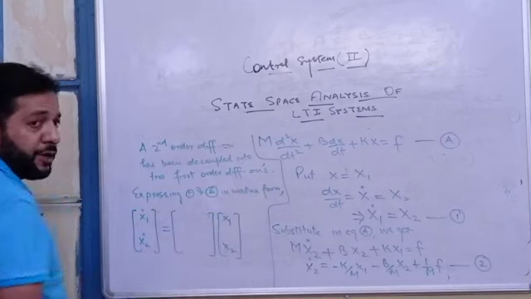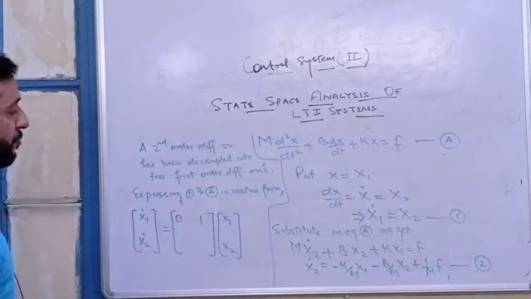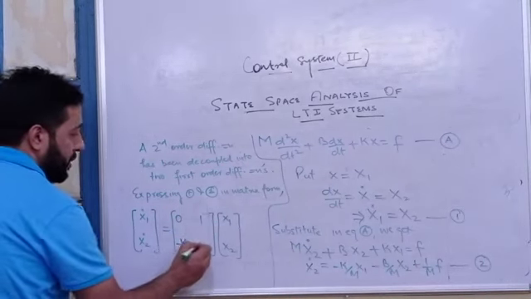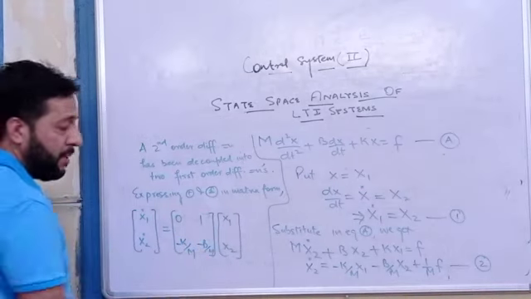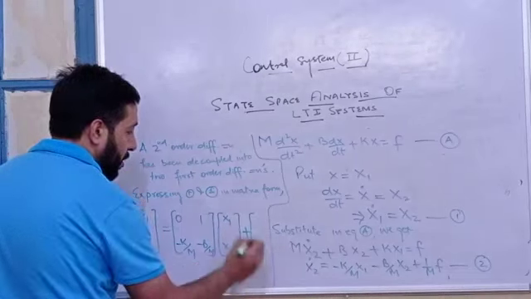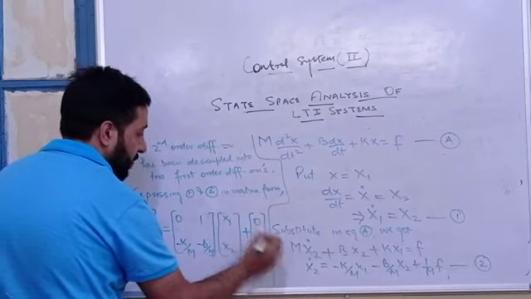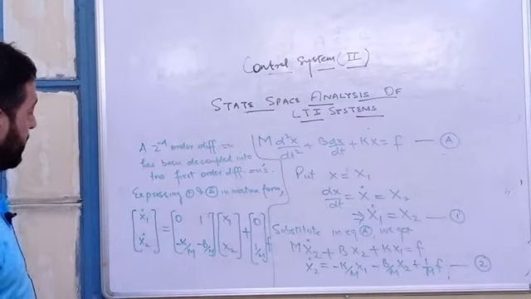Now x1 dot is equal to x2. So this is 0 and 1. x2 dot is minus k upon m x1, so this is minus k upon m, this is minus b upon m, है ना, plus there is 1 upon m f, this is 0, this is 1 upon m, and this is f. Are you getting me? सही है ना?